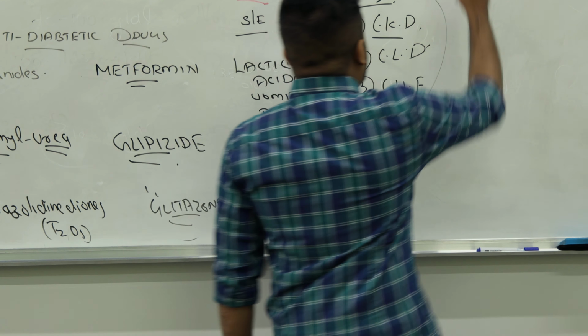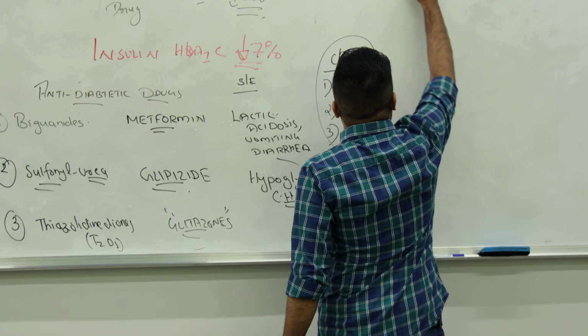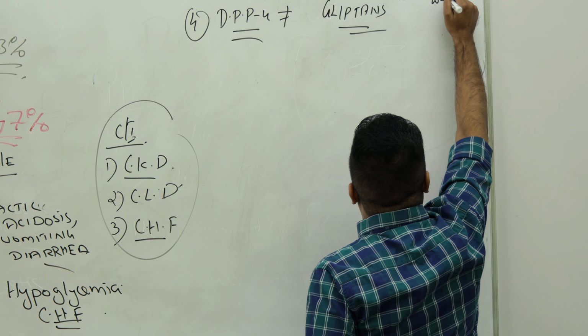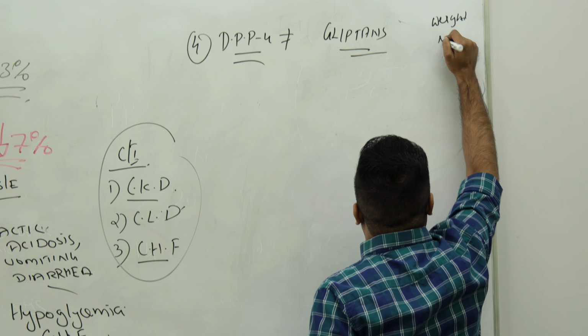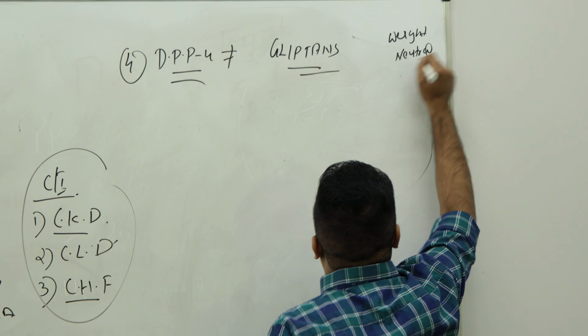Then the next group is called dipeptidyl peptidase 4 inhibitor, DPP4 inhibitor. You might have heard about drugs like gliptins. The best comment here, they will keep your weight neutral. They won't change weight.